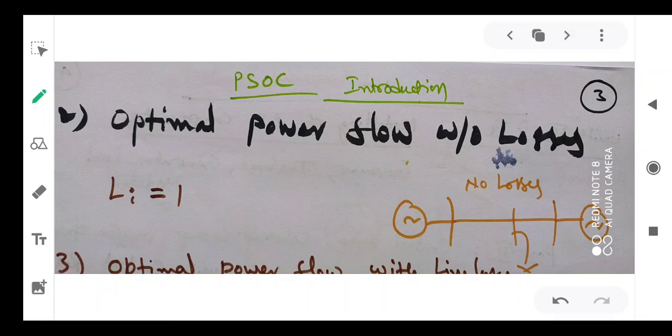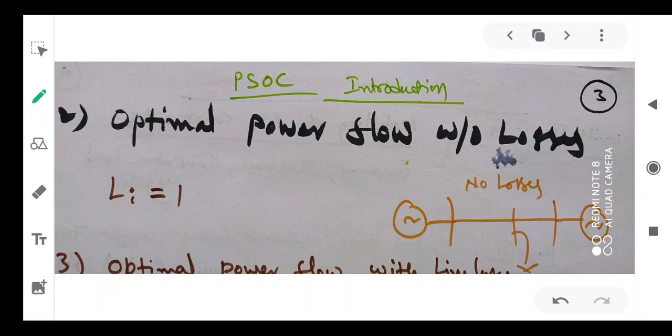Next one, optimal power flow without any losses, that is the economic load scheduling without transmission line losses. Here in a transmission line, R plus jX, R is the resistance of the line and X is the reactance of the line. Compared to the reactance of the line, resistance is very small and sometimes we can neglect the resistance value, and hence losses are assumed to be 0.